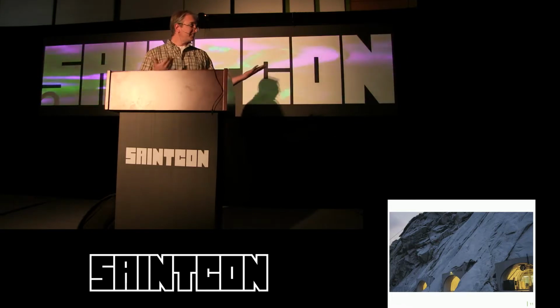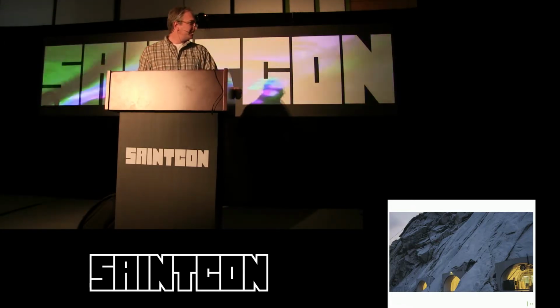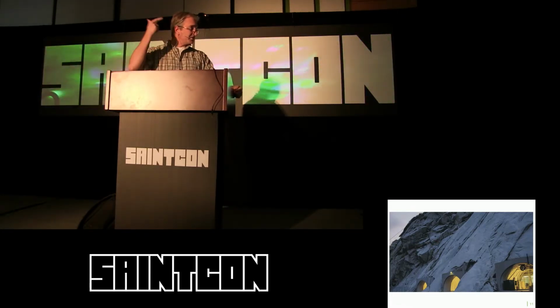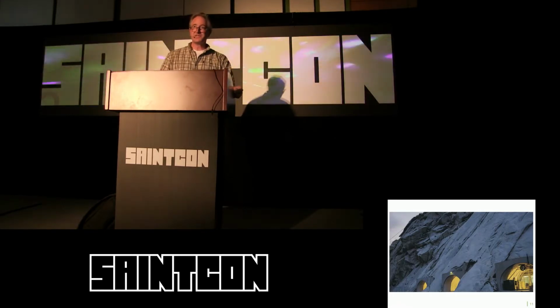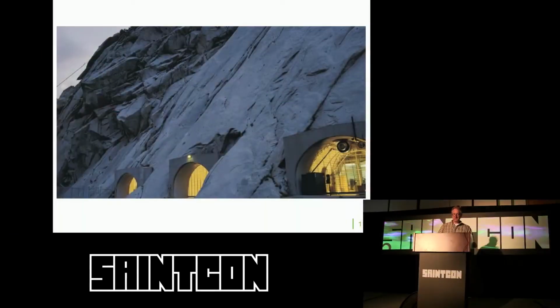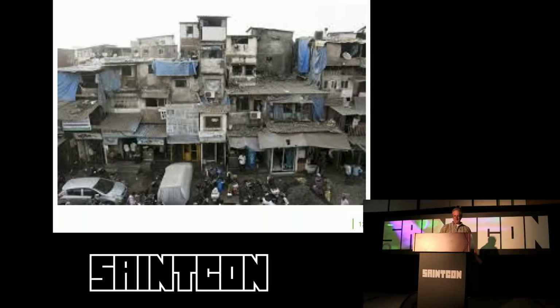Is it something like this, which is actually where the LDS church stores their sensitive records, up in the mountains? Or is it ending up in a location like this in India? And yes, this is an actual business location in India.